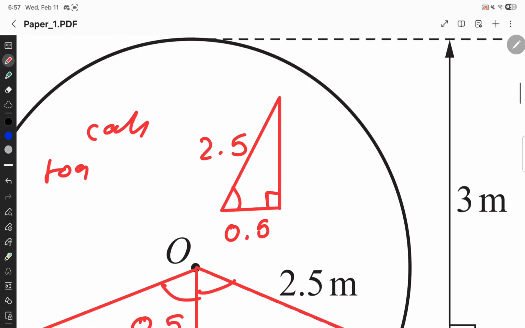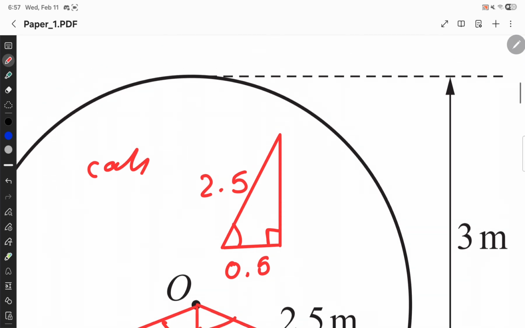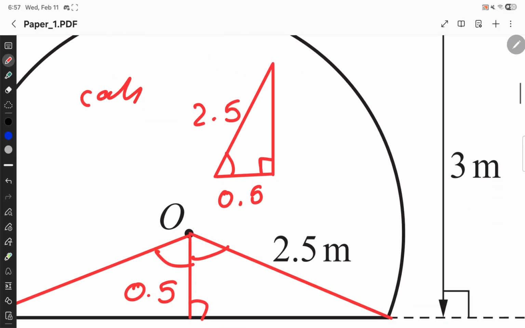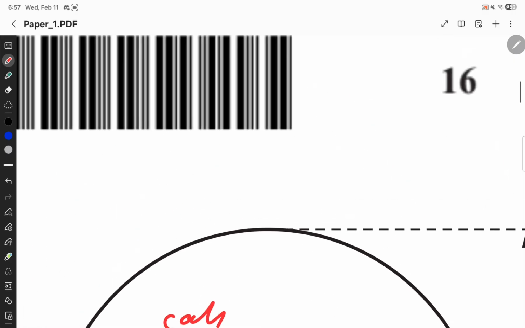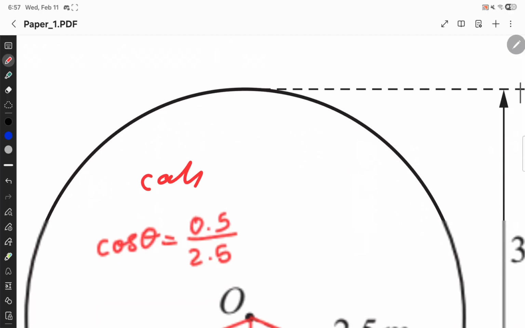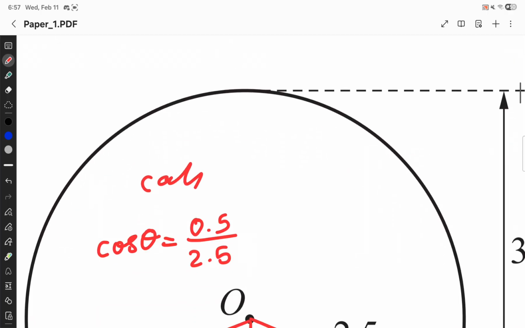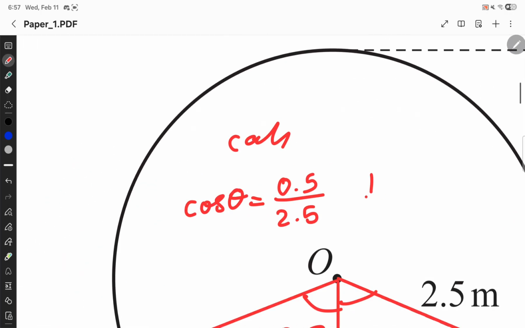For CAH, we have adjacent and hypotenuse, so you can use cosine to find this angle. Let's use it. Cosine of our angle theta is equal to adjacent over hypotenuse. Now we are blessed with this being paper 4, so we do not need to use any remembered values shenanigans because we don't actually know this value, which is fun.